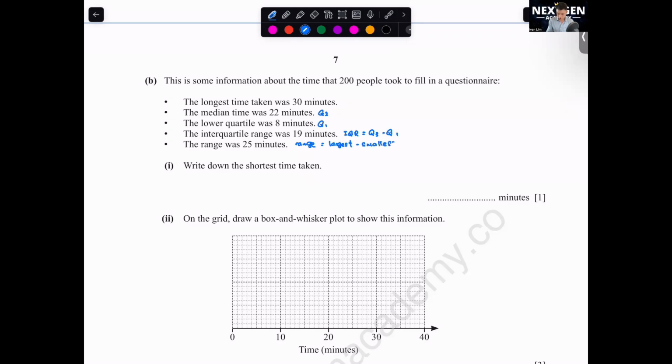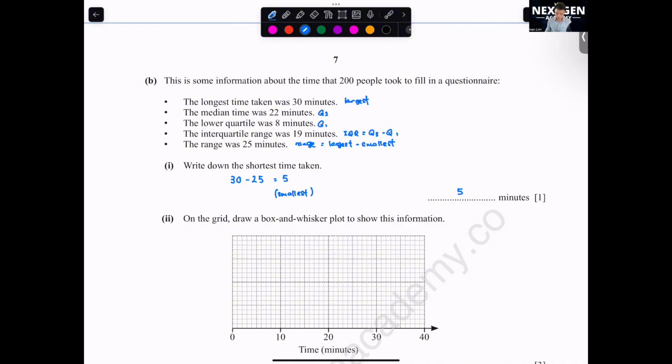So they want us to find the shortest time taken. We can take the longest time minus the range. So 30 minus 25, which is equal to 5. So this will be your largest value. Then this will be your smallest value. There's one more piece of information that we need.